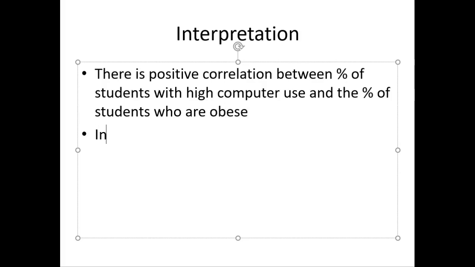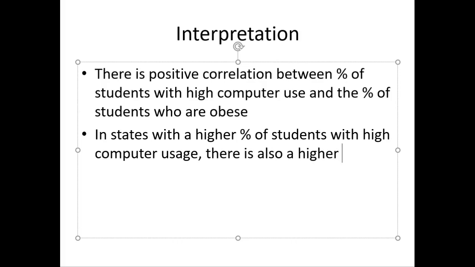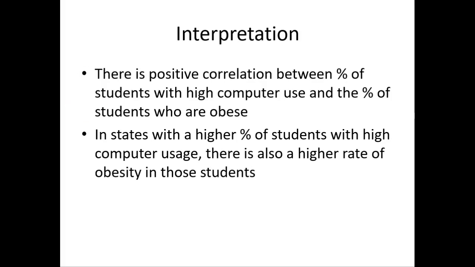And our second part would be in states with a higher percentage of students with high computer usage, there is also a higher rate of obesity in those students. So that would be our interpretation, two parts.